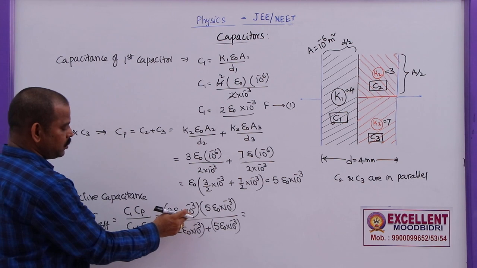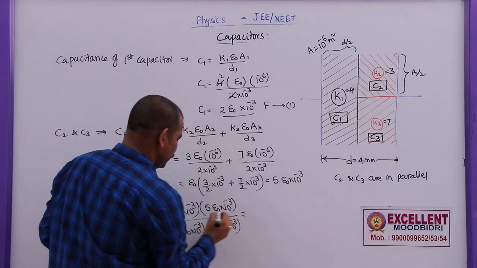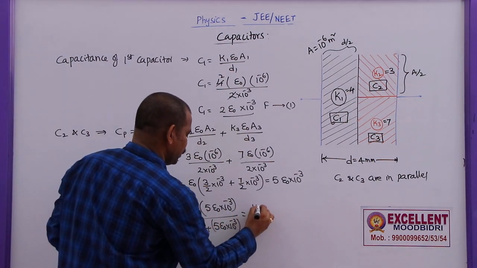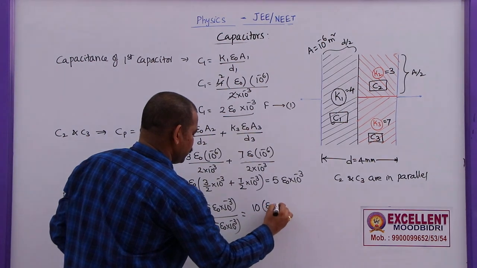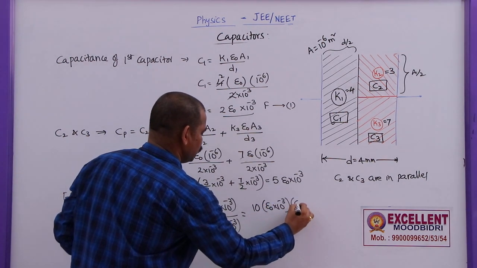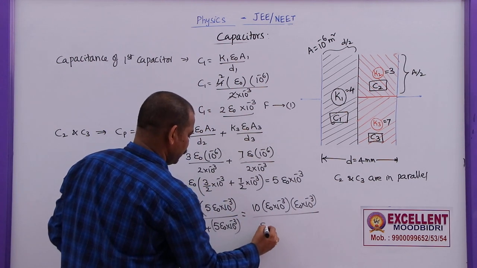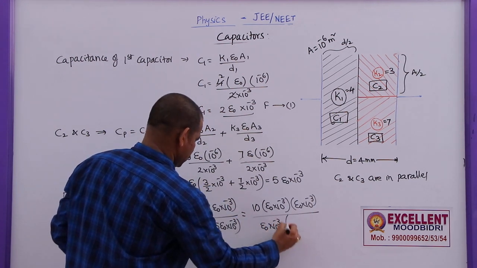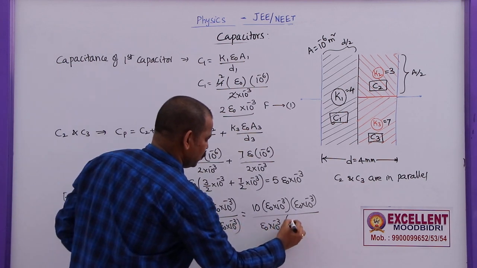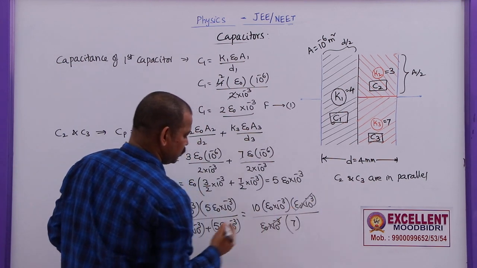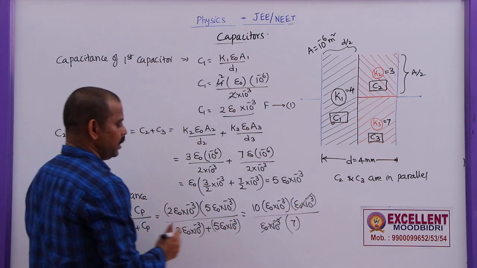Here you can say epsilon naught 10 power minus 3 is common. So this is 2 into 10 power minus 3 epsilon naught into 5 epsilon naught into 10 power minus 3, by epsilon naught into 10 power minus 3 common, this will become 2 plus 5, that is 7. One epsilon into 10 power minus 3 cancels.